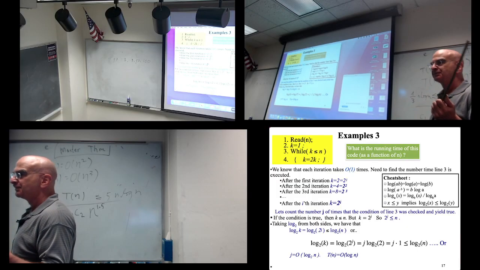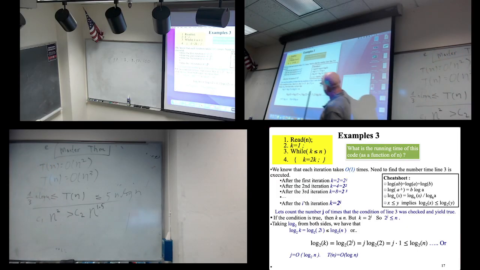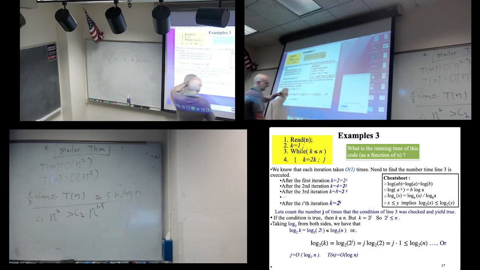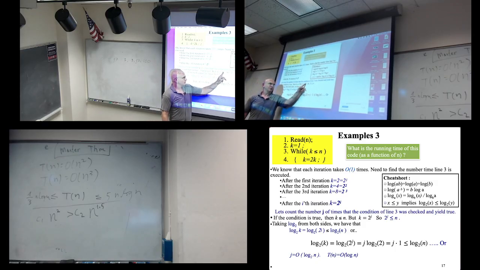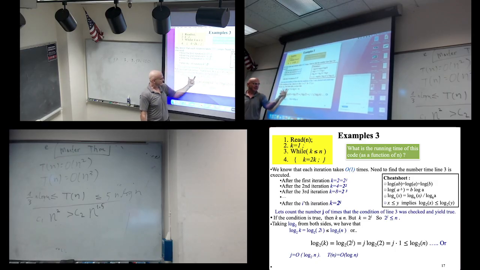I don't care. Here, in the analysis, I showed that the number of iterations is how many times can you keep on multiplying k? What will be the value of k? Well, k is equal to 2 to the i, which is smaller than n. Take log to the base 2 from both sides.